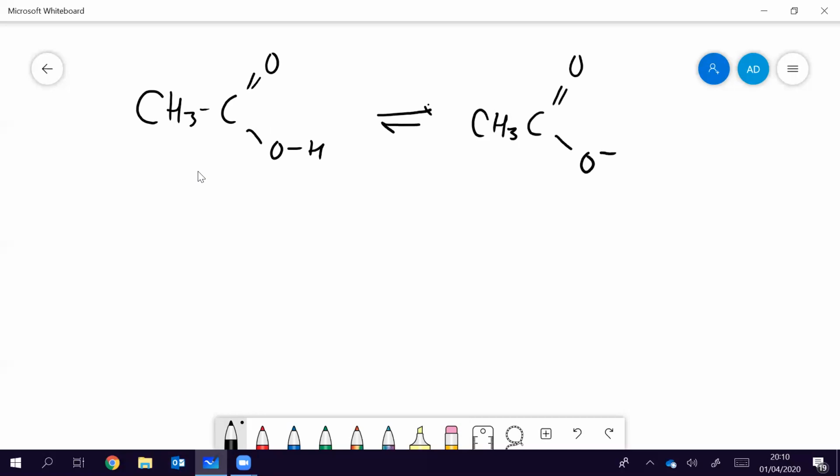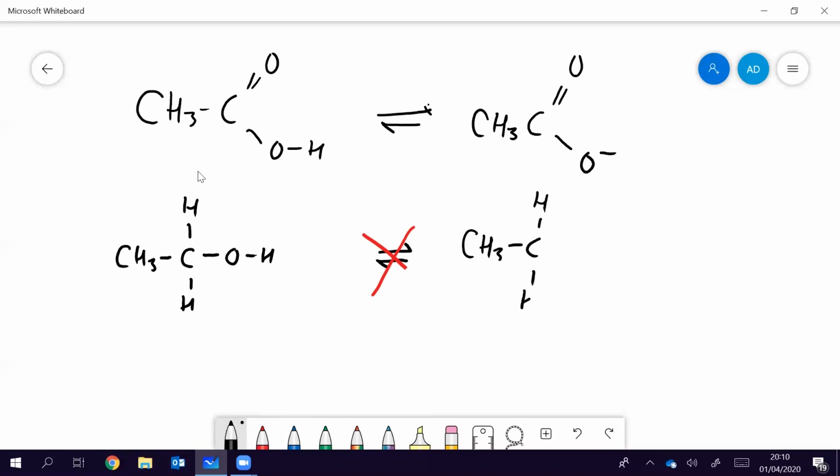Whereas if you've got an alcohol, let's think if you've got ethanol, ethanol has no tendency, it doesn't do that. It doesn't lose a proton. Or why can ethanoic acid do it?